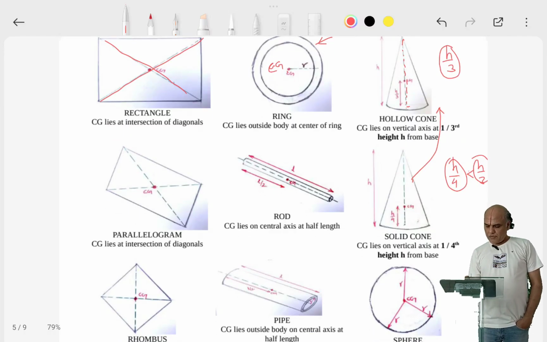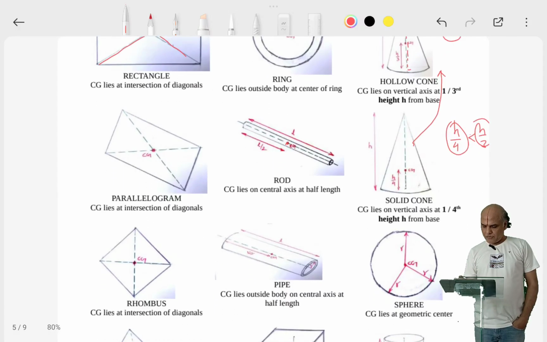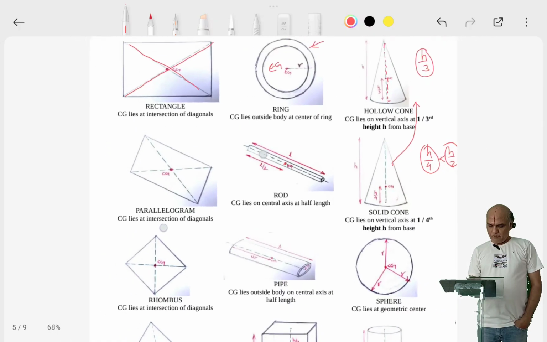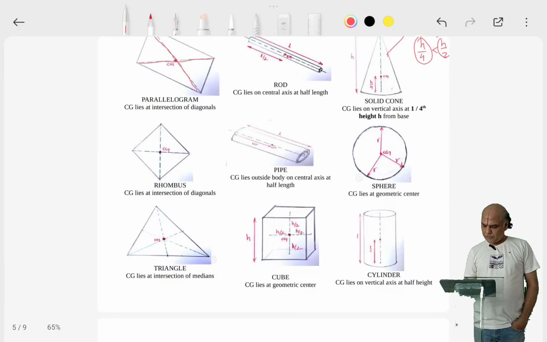And for a solid rod, it lies at the midpoint of the length. If L is the length, then it lies at L by 2 along the axis of the rod. For a parallelogram, opposite sides are parallel, and again the CG lies at the point of intersection of its diagonals.